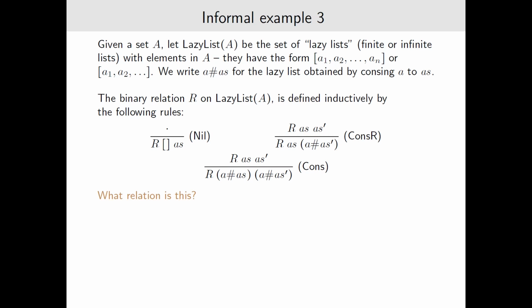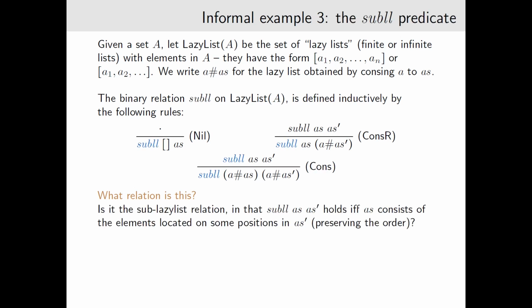So what relation do we define here? Well, notice that the rules force the left-hand side to be finite. We start with nil, if we think of this inductively, and then we keep adding at most one element to it. So this is definitely not the sublist relation that we want.